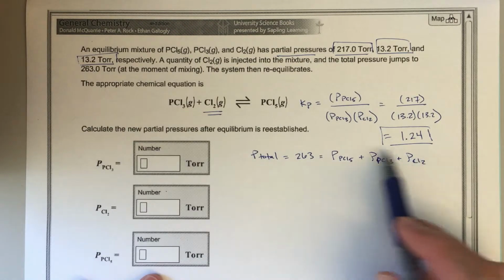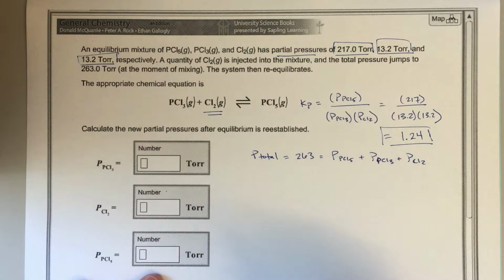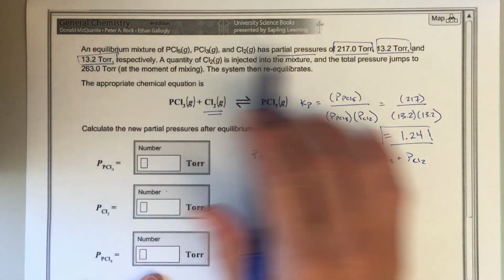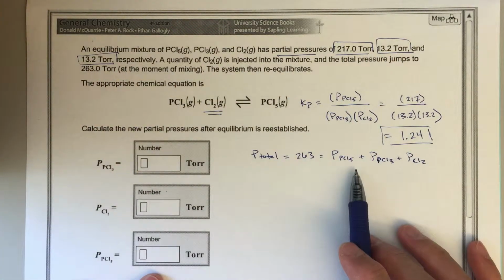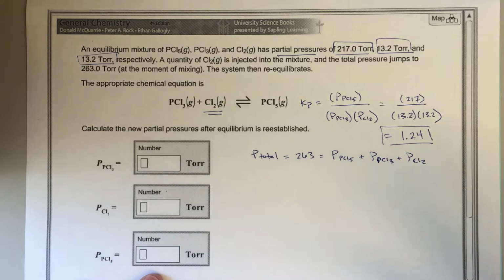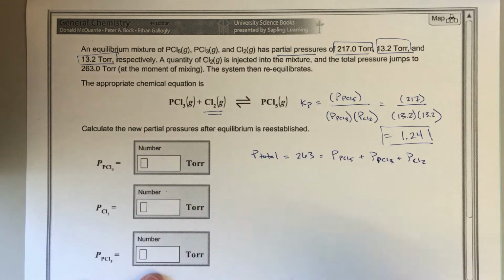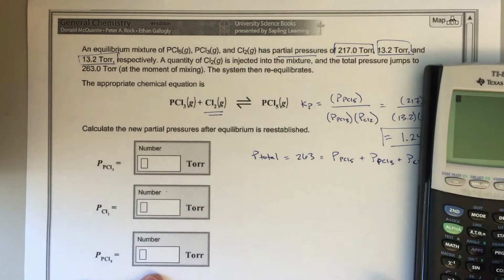So the pressure of all of the individual pieces will equal 263. I can do some math, adding all of these up. That's where we were before, some pressure, and then we're just adding more Cl2 in order to get to 263.